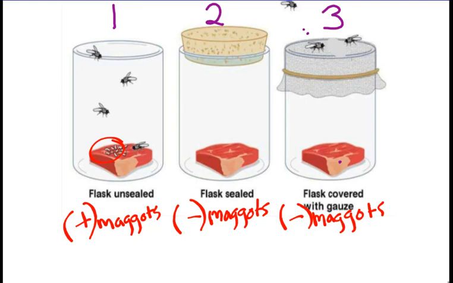There's actually more than one. Which flasks show you that maggots can't come from meat? Flask 2, but also flask 3, right? Because if it came from meat, they would show up there as well. Which flask shows that maggots don't come from the air?